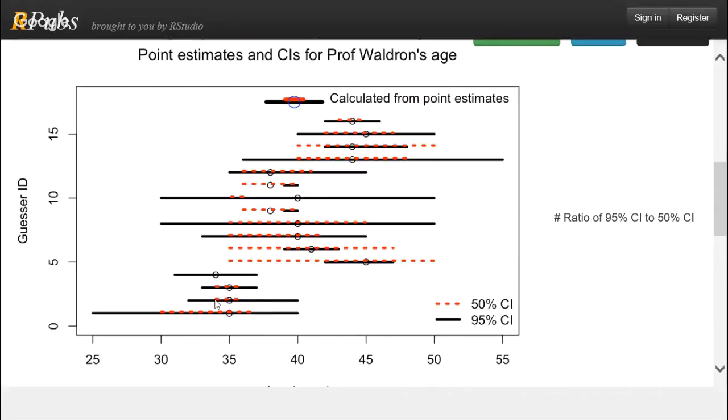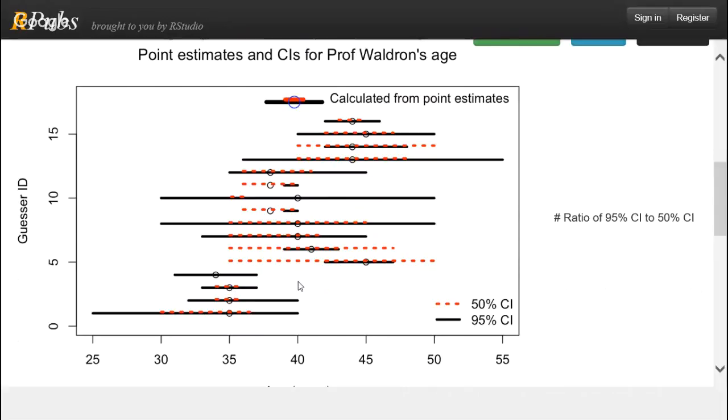These two are about the same, and somewhat larger 95% confidence intervals. So there's some good attributes about these guesses that are worth pointing out. One, the thing that is good is that both of the confidence intervals contain the point estimate. That's good, right?